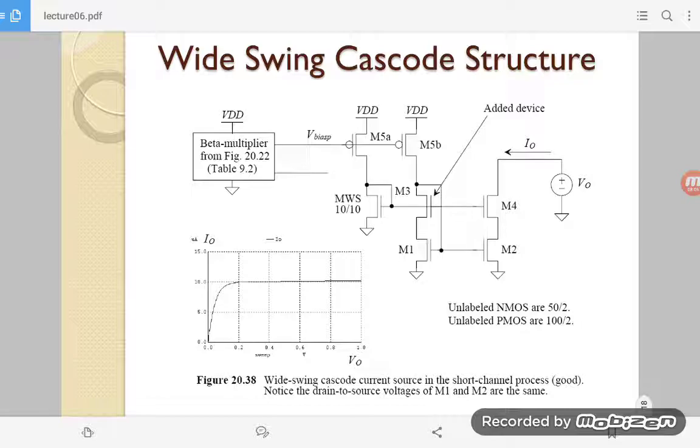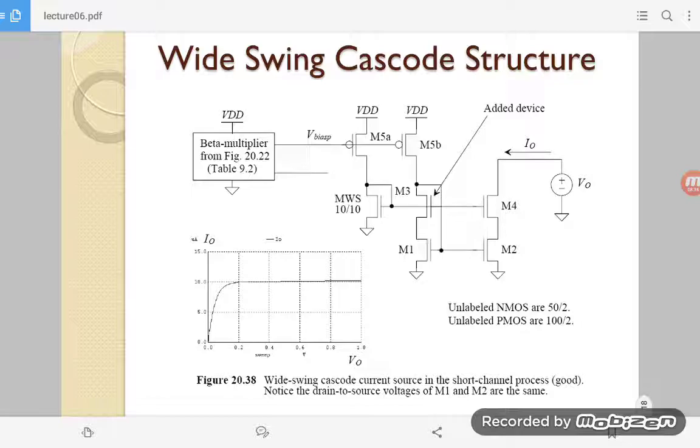So if somehow we can subtract that VGS amount of voltage from there, then we can create VDS SAT at the output of the M2, and if we do the same thing on the M1 side, subtracting a VGS value, then we can also have only VDS SAT amount of voltage on the drain terminal of M1.